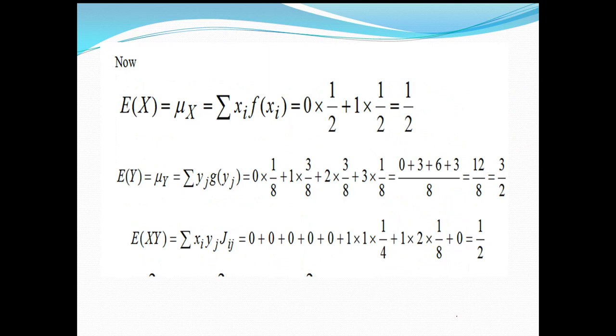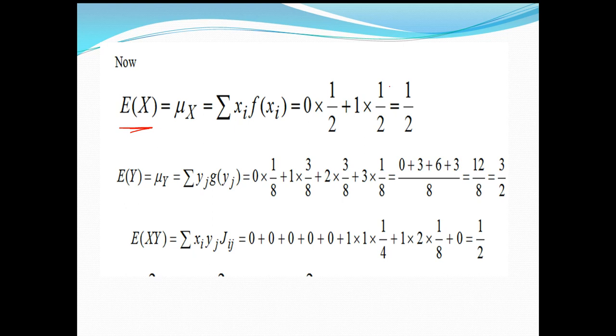Now the next question asked in the same problem is to find the expectation of x. Already we are familiar with the formula that expectation of x is nothing but mu x, and the formula is summation xi into f of xi, where i takes the values 0 to 1. So xi is 0 and f of xi is 1 by 2.